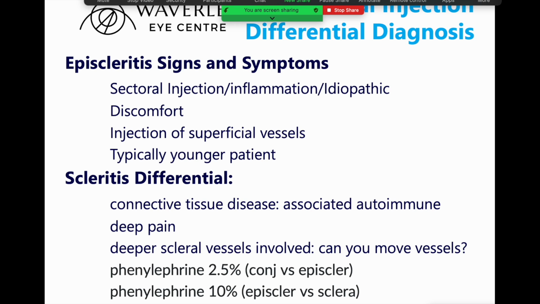So if you put 2.5% phenylephrine in, you'll blanch the conjunctiva, but not the episcleral vessels. If you put 10% in, it will blanch the conjunctiva and episcleral vessels, but not the scleral vessels. So that's another way you can help differentiate it, if the pain and discomfort is not a clue.